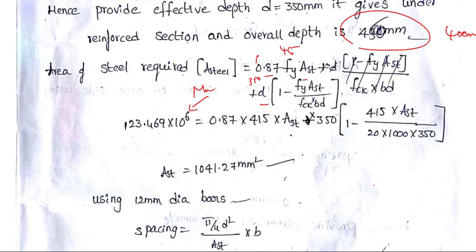Then b is equal to 1000 for per 1 meter design. By substituting all these values you will get Ast.